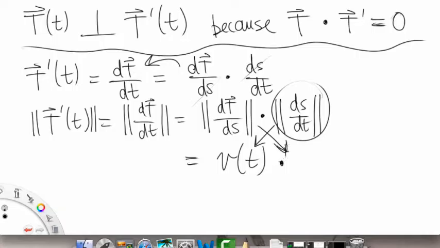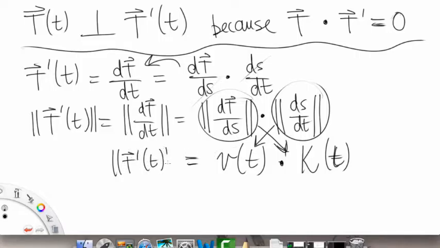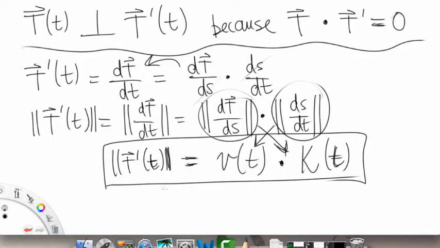And then we're multiplying this times this thing, which we've defined before as our curvature, remember, that was curvature with an arc length parameterization. So that's an important relation there, and I'll copy it down here. The magnitude of the derivative of the unit tangent vector with respect to t is equal to this stuff.